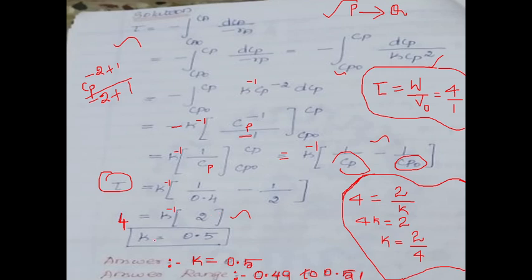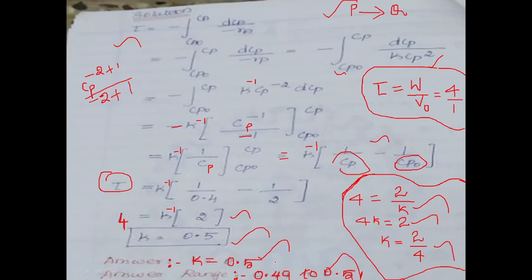So K inverse into 2 can be written as 2 by K, 2 by K is equal to 4. So 4K is equal to 2. What is the K value? 2 by 4, K is equal to 0.5. The answer range is given as 0.49 to 0.51, so our answer is within this range, K is equal to 0.5.